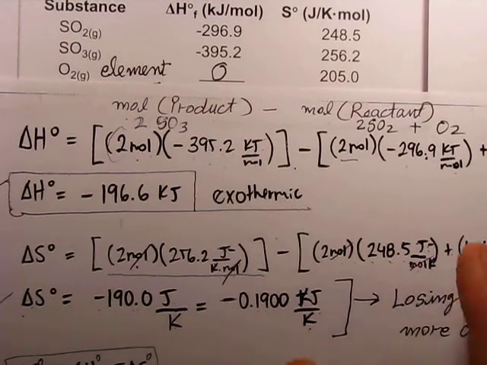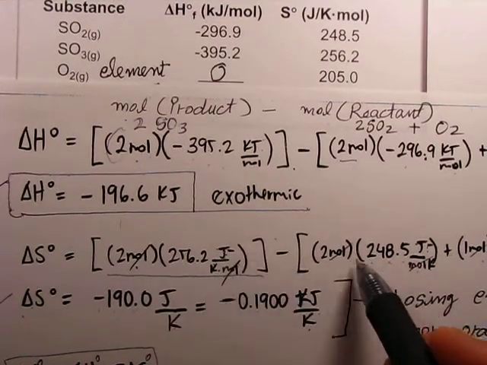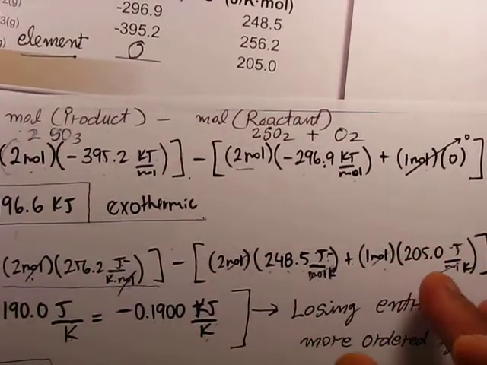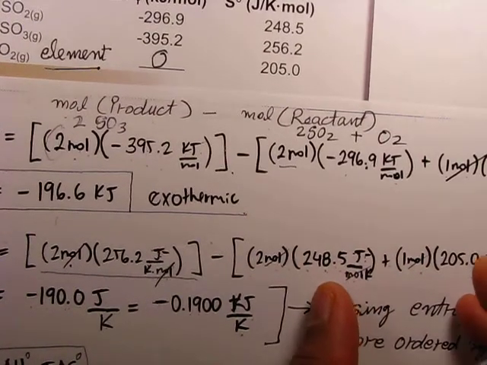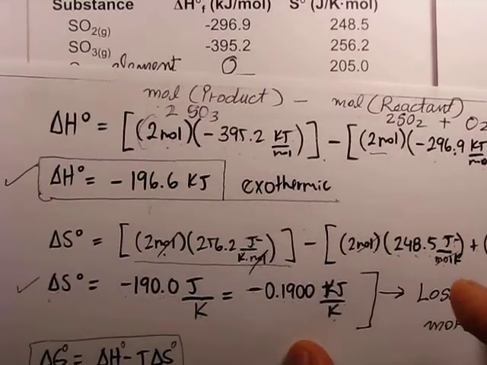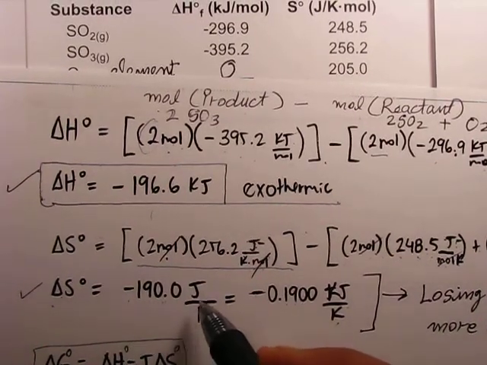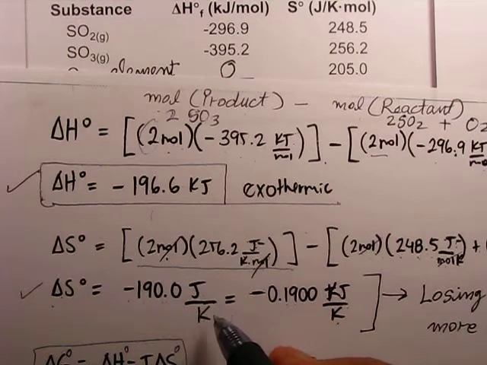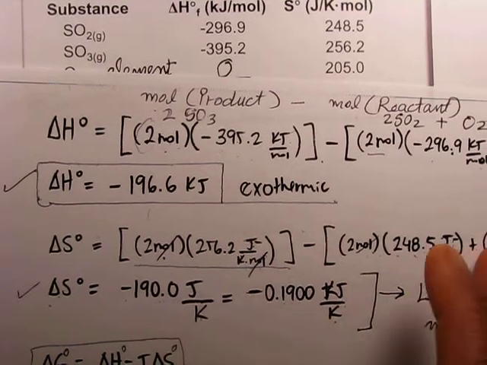Once we multiply and then subtract, we add the two reactant values together, and we get the delta S for this reaction as minus 190.0 joule per Kelvin.